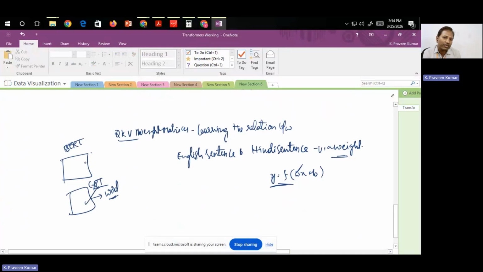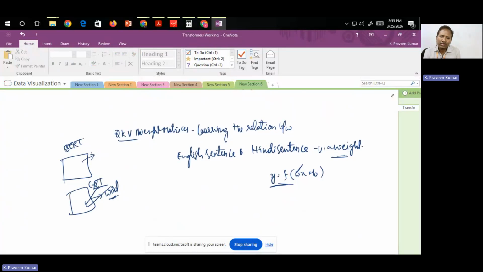That's the way this transformer has given birth to two models, and the popular model is GPT. So this is the working of the regular transformer.